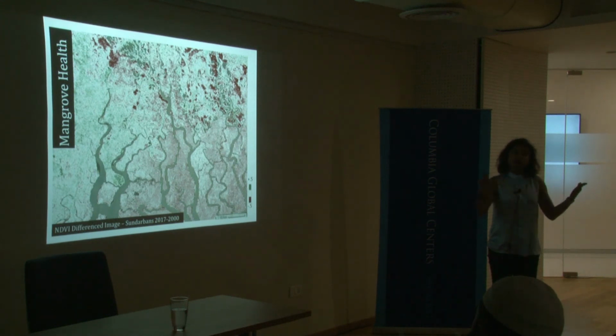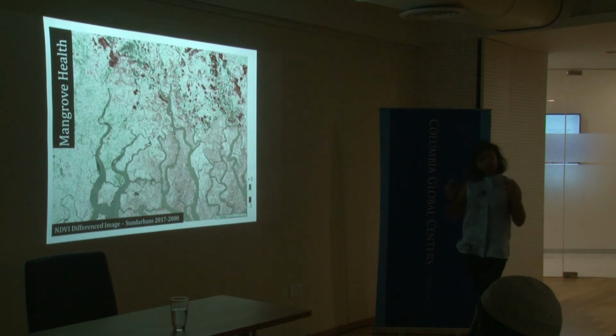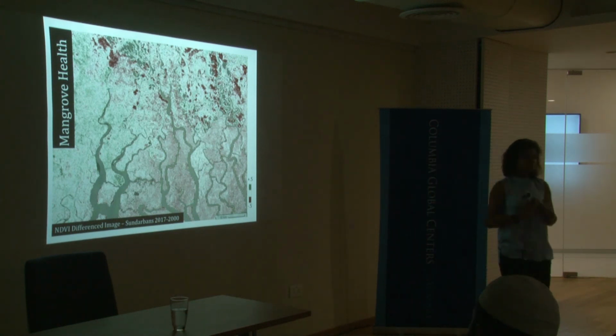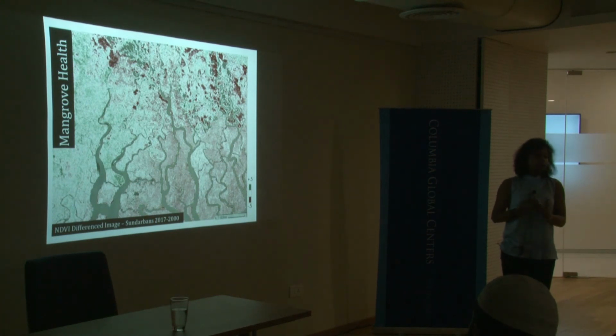You will probably create a mangrove mask and then just focus on those areas to understand how mangrove health is changing. So that's how you can combine discrete pixel-based analysis with this continuous index-based analysis to come up with something meaningful, and that's something you can convey to policymakers, local stakeholders, and conservationists.